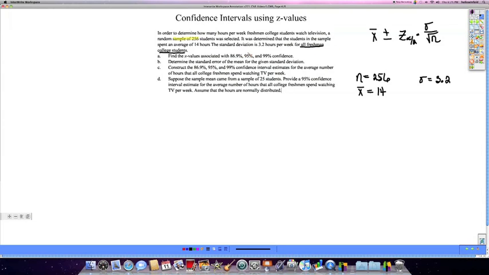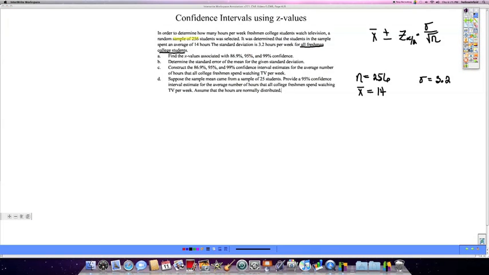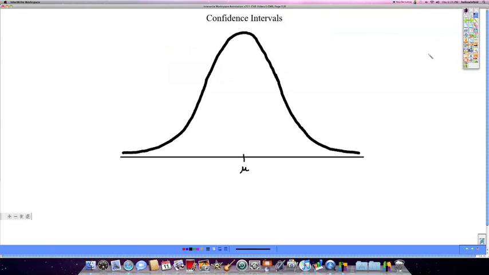But at the same time, it does not give all the confidence levels that one may be asked. So let's talk about how to calculate a z-value for a confidence level. This is a throwback to chapter 5 and 6 where we started working with z-scores. This is what we are doing.